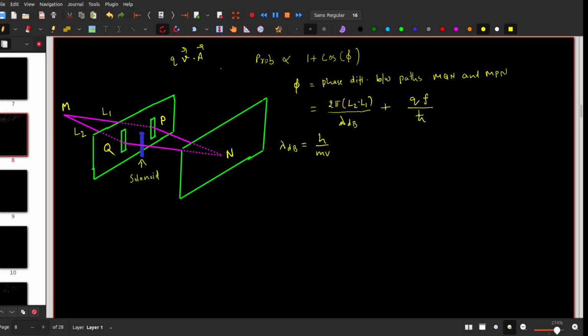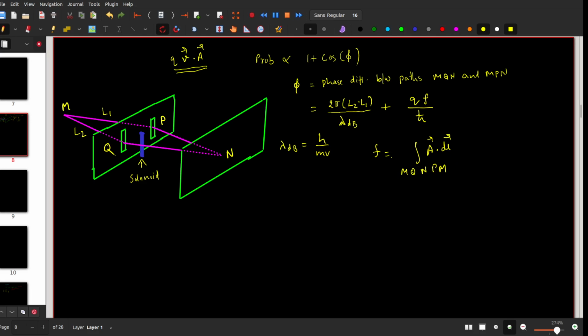This was a contribution due to the q times v dot A term, and F was equal to the path integral of A along the path M, Q, N, P, M. This loop M, Q, N, P, M. So this was the definition of F.